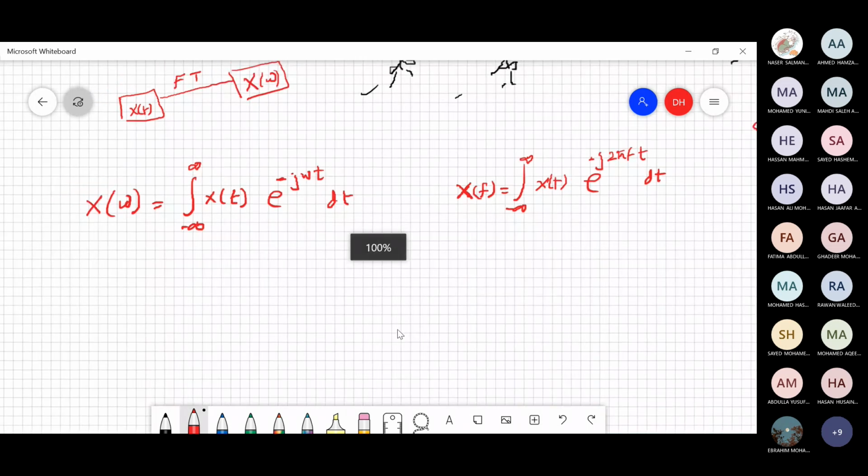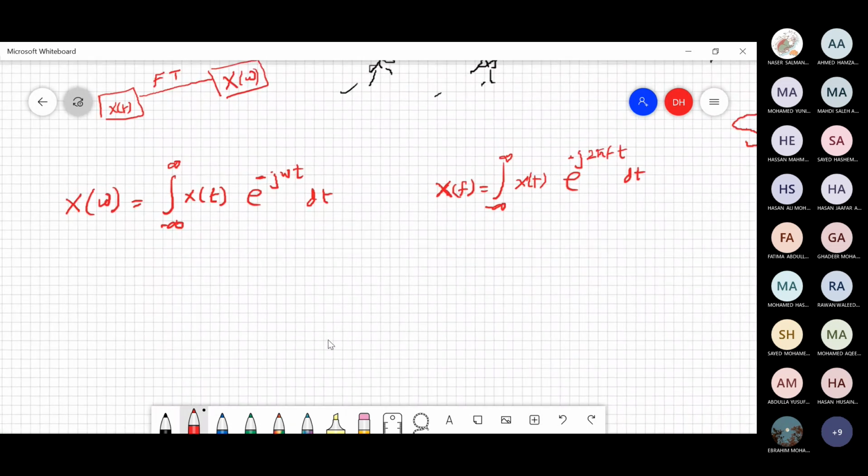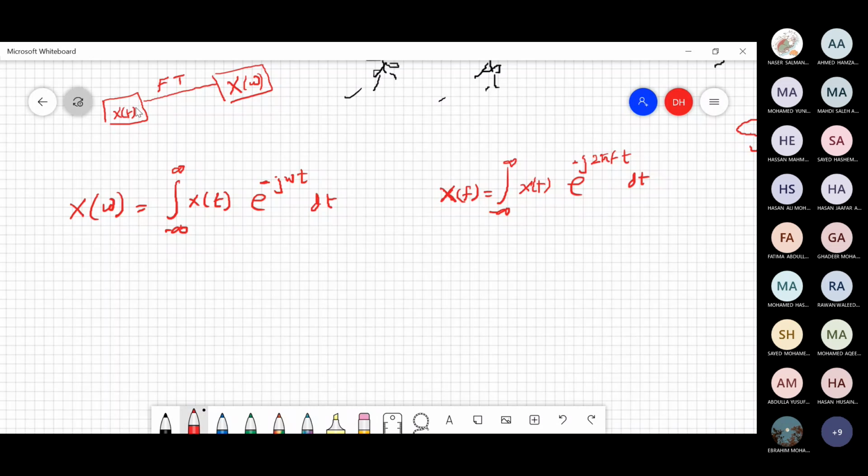Okay, so now if we have x of omega or x of t or x of f, and I want to go back to x of t, then we use the inverse Fourier transform. So now I want to find x of t given x of f.